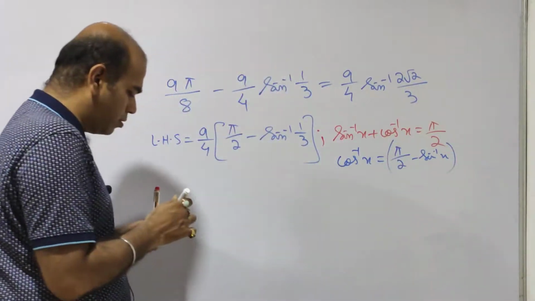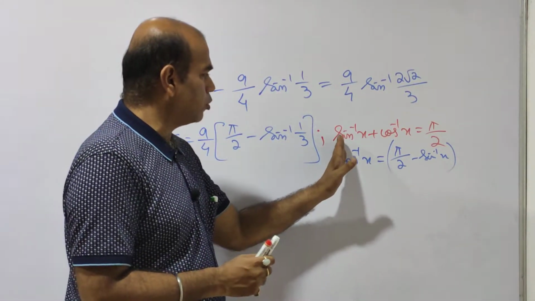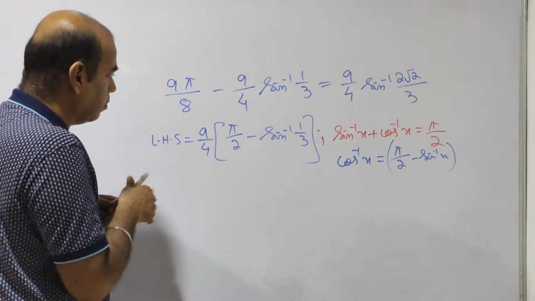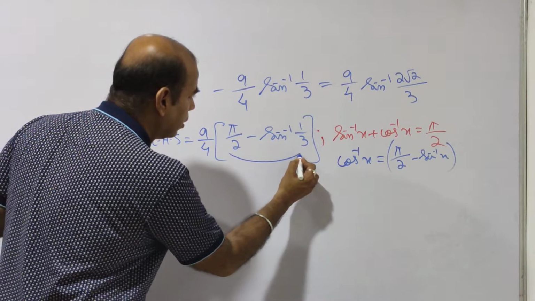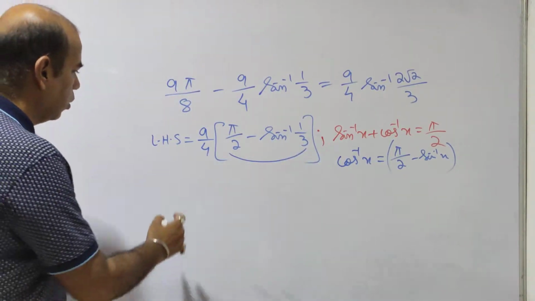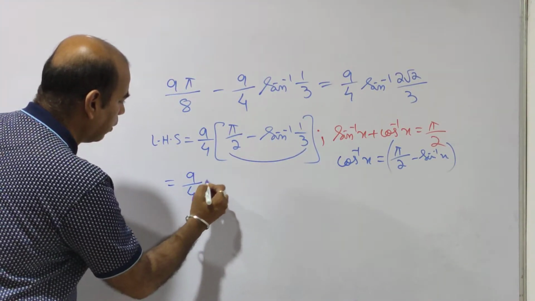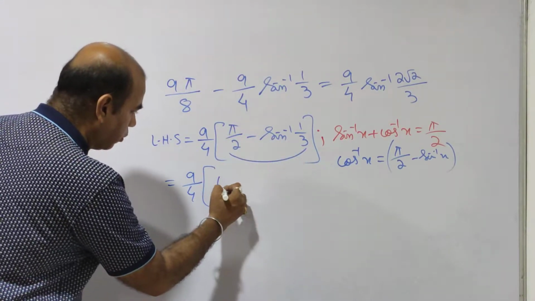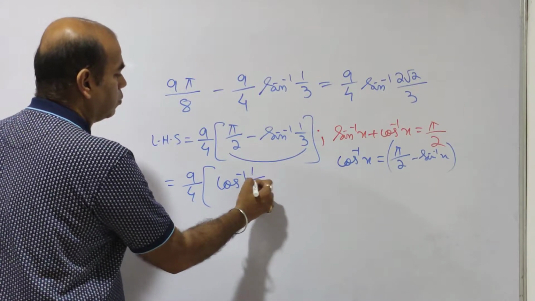Very simple. What I am doing, I am shifting the sine inverse to the other side. Taking that concept, it is pi by 2 minus sine inverse 1 by 3. So what will happen? 9 by 4 times pi by 2 minus sine inverse x, if I take it, it will become cos inverse 1 by 3.